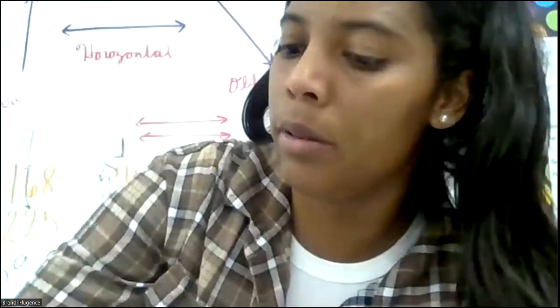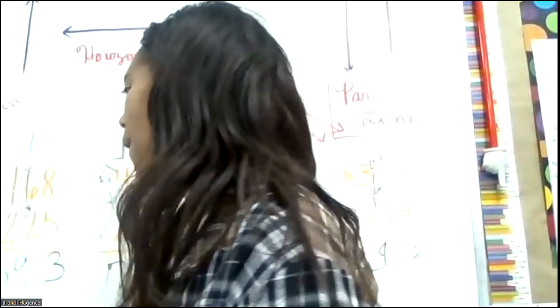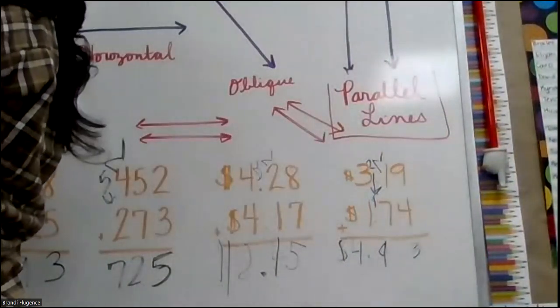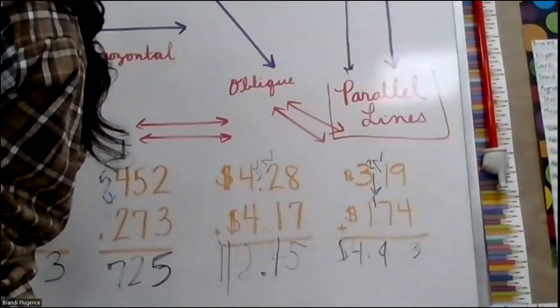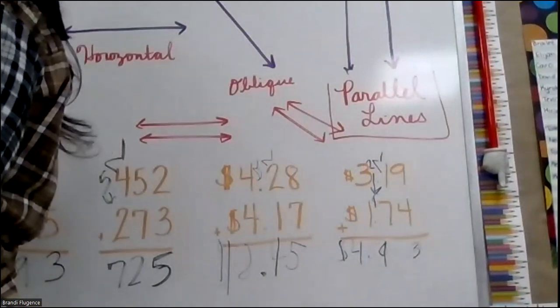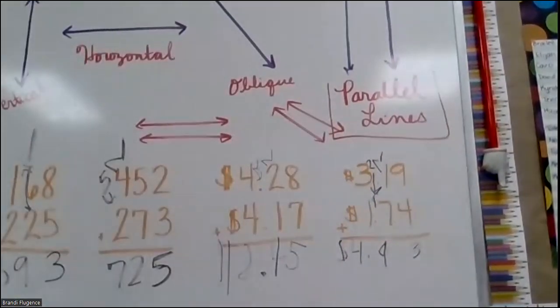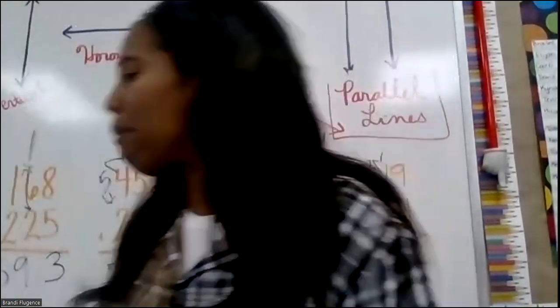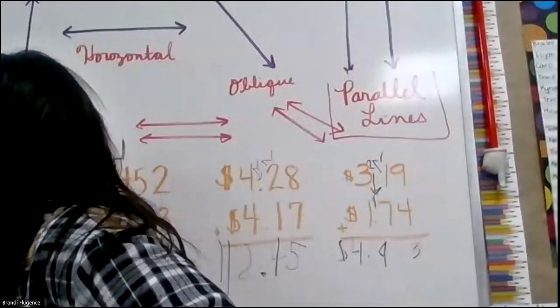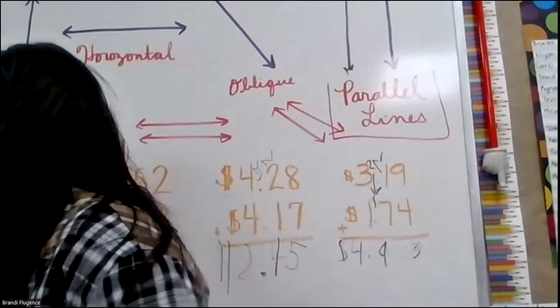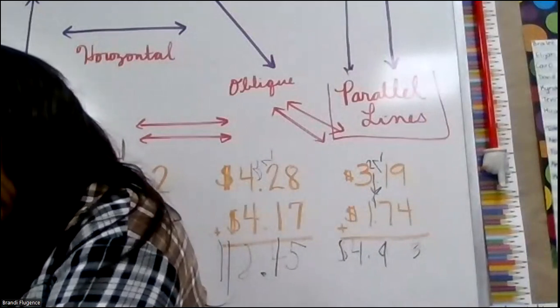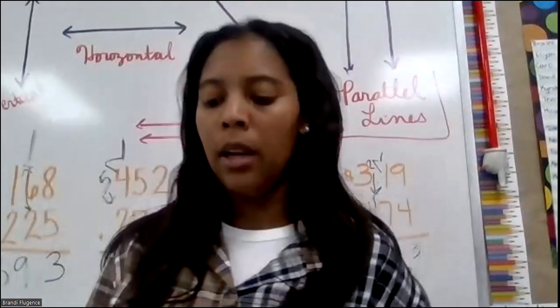All right, let's go ahead and review our spelling. List 20, page 40. All right, let's go over our list.